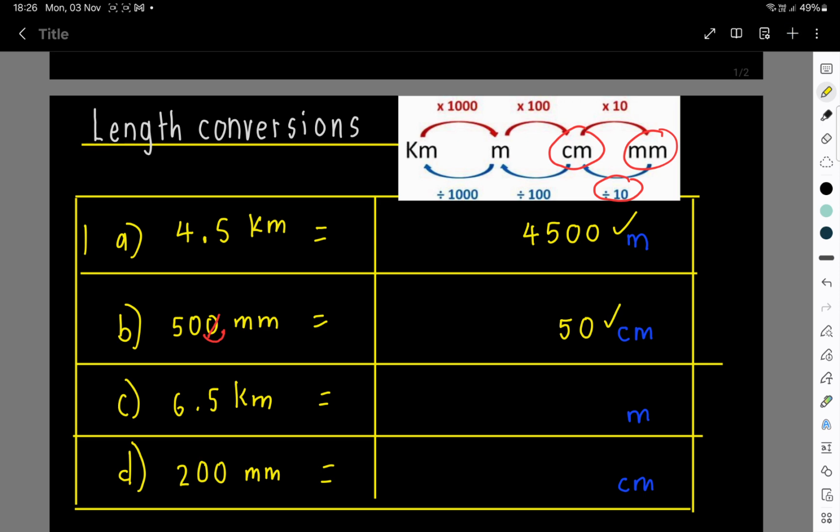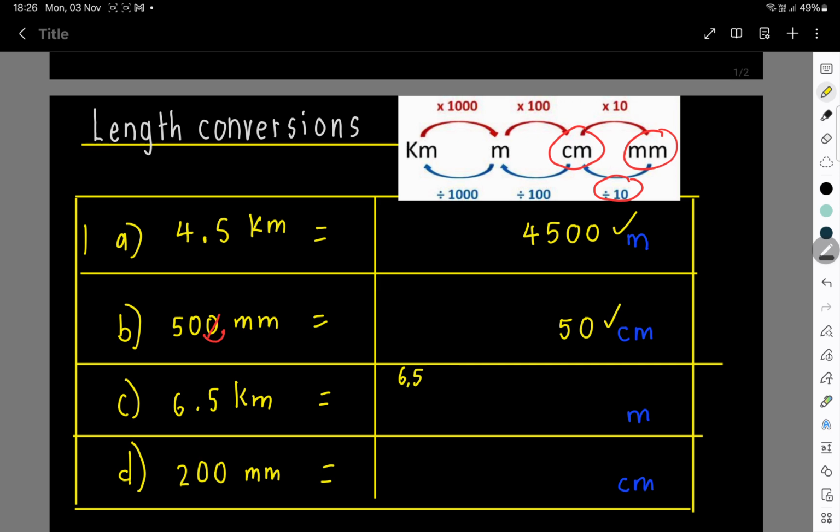Let's look at C. 1C, you have 6.5 kilometers, which is 6 kilometers and 500 meters. They want you to convert it to meters. So you'll write down 6.5 kilometers. Then you look at your decimal where it is.